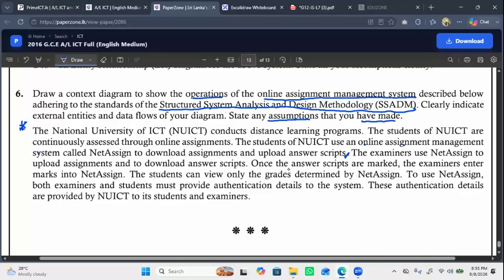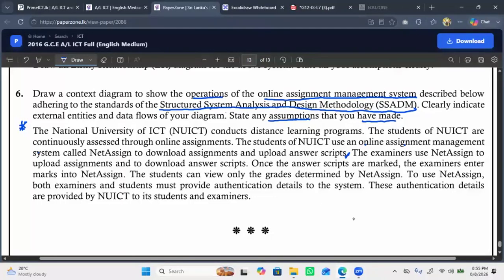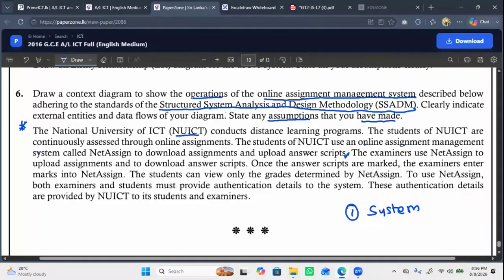Now stop. Now tell me, first thing, can you identify the system here? What is the system? Is it NUICT, or is it SSADM, or is it the online assignment management system, or is it anything else? Drop me a message.